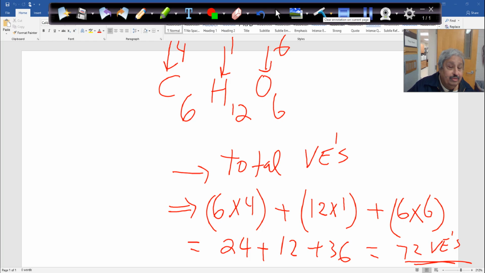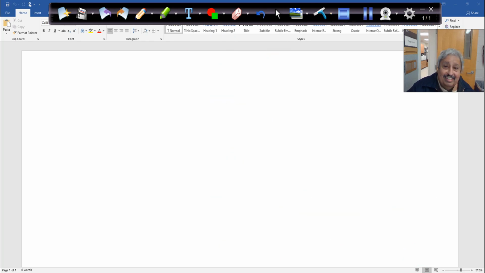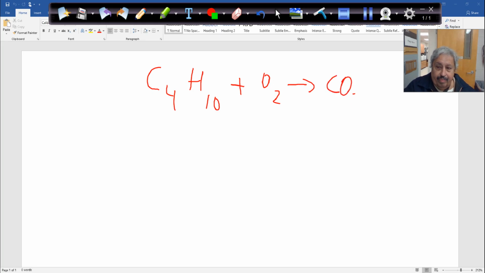Now let's talk about balancing a chemical equation with coefficients, correct? So I have C4H10 plus O2 gives CO2 plus H2O.